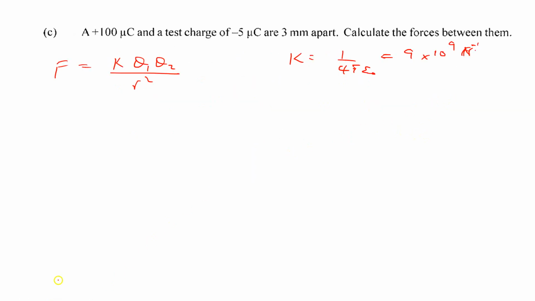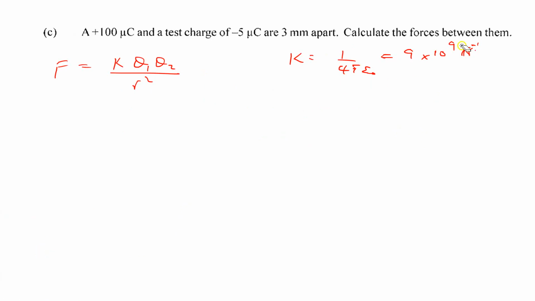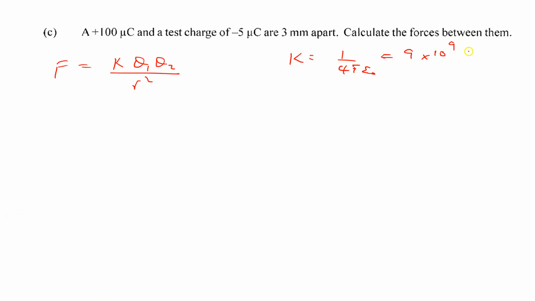Because we're dividing by epsilon, the unit would be per Farad meter, the reciprocal of the unit of epsilon. We don't even need to know the unit for this.